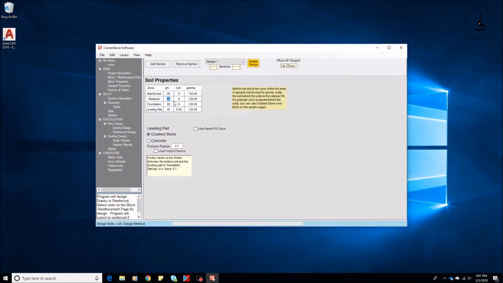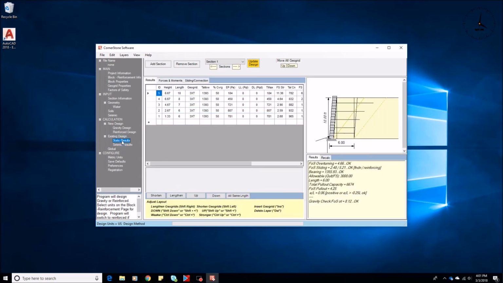If we put the retained zone up to a 34, and 34 for all the soils, we look at static results, we updated our design. Look at our factor of safety for sliding, it went up both at the top of the leveling pad and below the leveling pad. So you can see that that force governs how much our driving and resisting forces are.